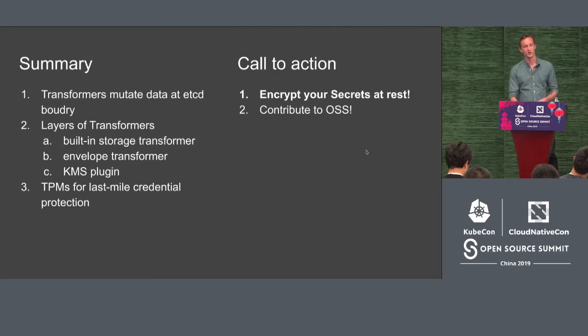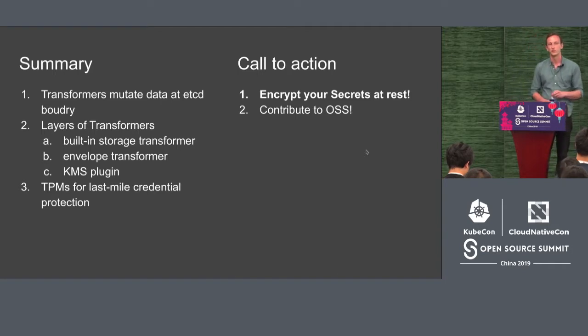Now, I want to encourage anyone to strongly consider encrypting your secrets at rest if you're not doing it already. Hopefully, there's enough evidence that this is a problem worth addressing. I also encourage the audience, with the new information about transformers, to go out and contribute to the transformer code base, maybe propose design changes, maybe implement new types of transformers that don't only do secrets encryption, and maybe implement a KMS plugin for a provider that doesn't have one already.